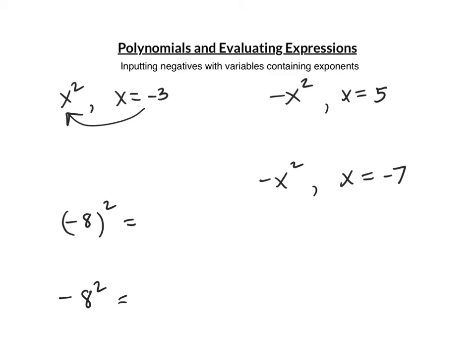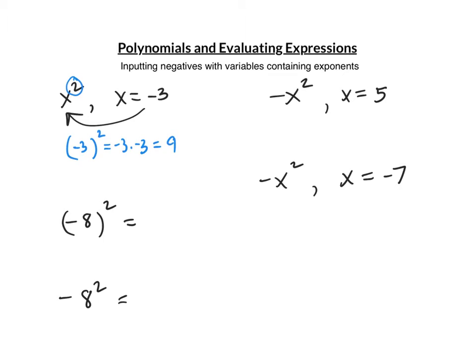If I say x squared and ask you to plug in x equals negative 3, you must have parentheses. It's something squared, and in this case it's negative 3, which of course is negative 3 times negative 3, or positive 9. When you square something, it's always positive.